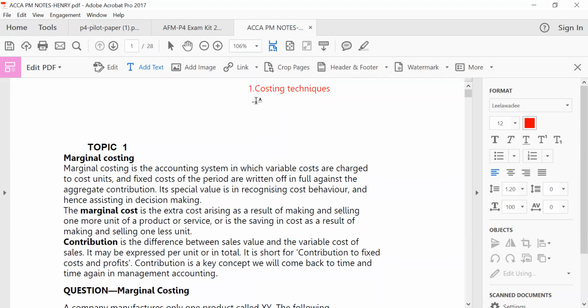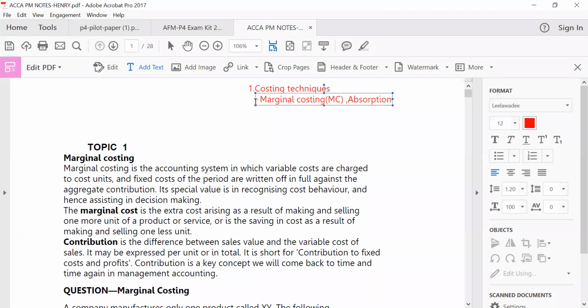So I'll just entitle it at the first one. We have it as marginal costing, right? So marginal costing. I just give it the name MC. Then we have absorption costing.